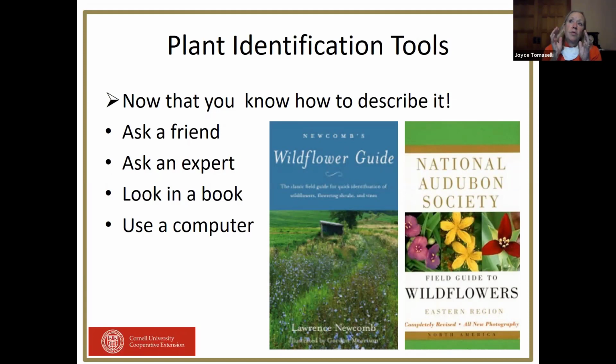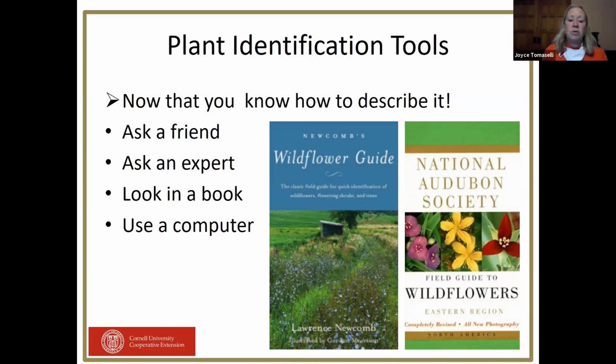So knowing what characteristics to look at and understanding what some of the terms are, you can better describe it and better search for it. One of the games that we do when we're teaching Master Gardener volunteers training is we have a leaf in a paper bag, and we ask the Master Gardener to describe that leaf to their partner and have the partner try and draw it.